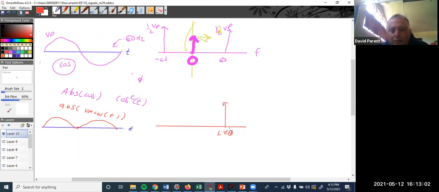So I'm at 120, minus 120. But notice, just by looking at it, there's no negative part. And so I don't necessarily know what it is off the top of my head. But there is now a DC component.